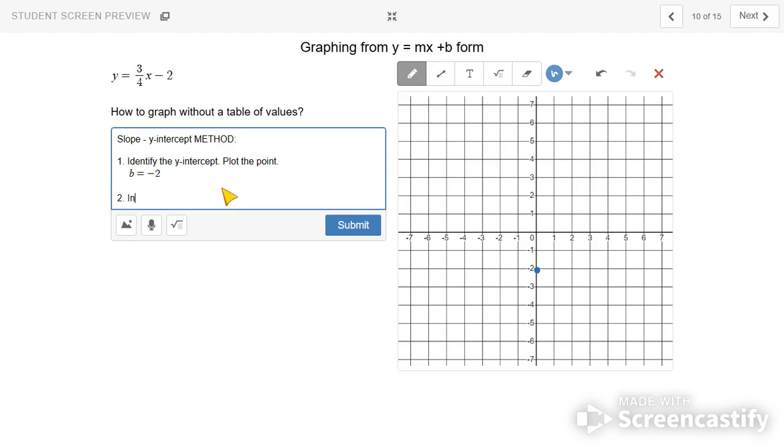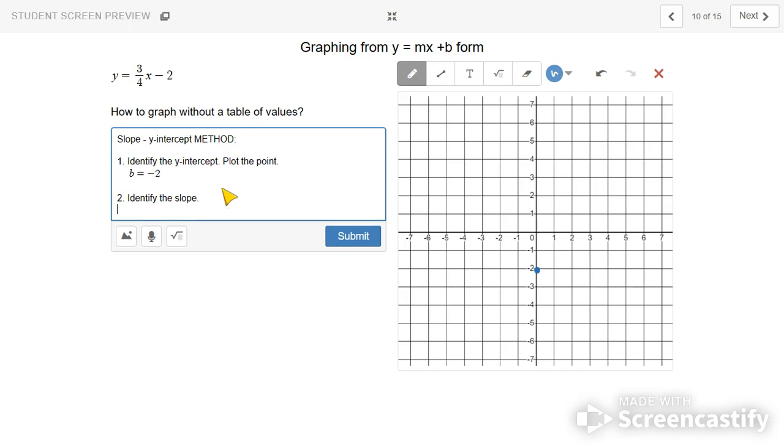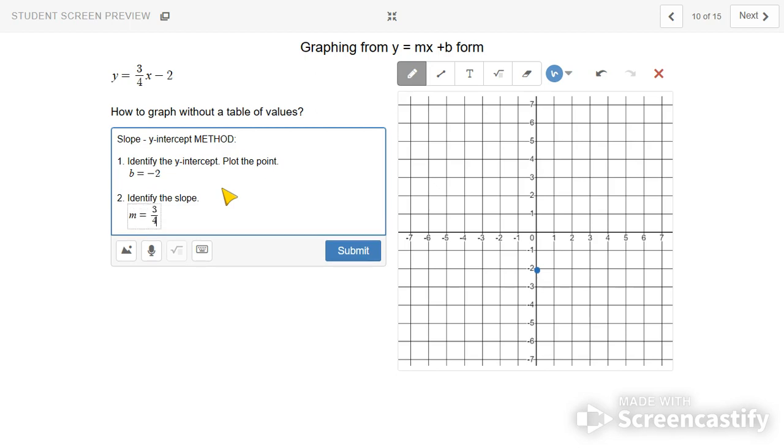Second thing, we're going to identify the slope. Now remember, when we have the slope, there's two ways to write a slope. We could always write it with positives or we could write it with negatives. So in this case, it's very explicit that this is 3/4.